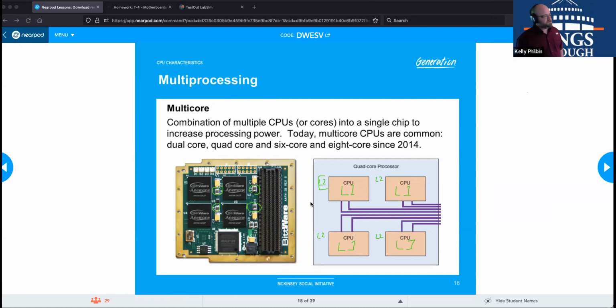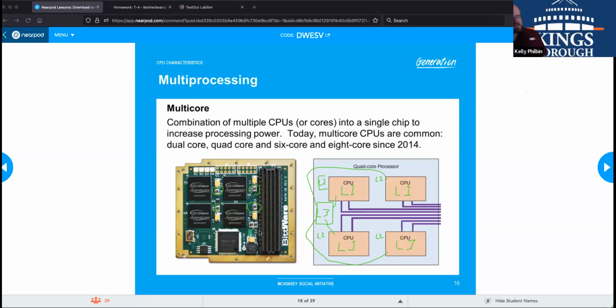Then we get to our L3. L3 is shared by all 4 cores, still within the processing unit itself.